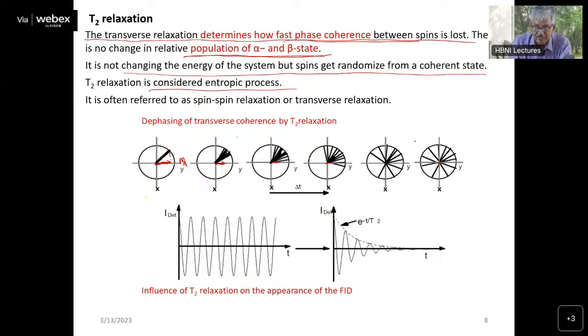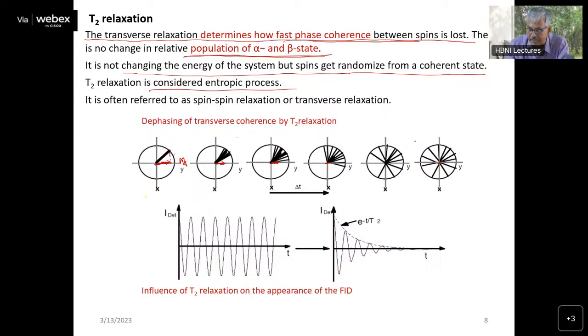So let us say you are putting the detector along the y-axis. If the magnetization does not decay due to phase incoherence, you will see a continuous signal with no change in intensity. But as the magnetization fans out, the detected signal gets reduced over time.